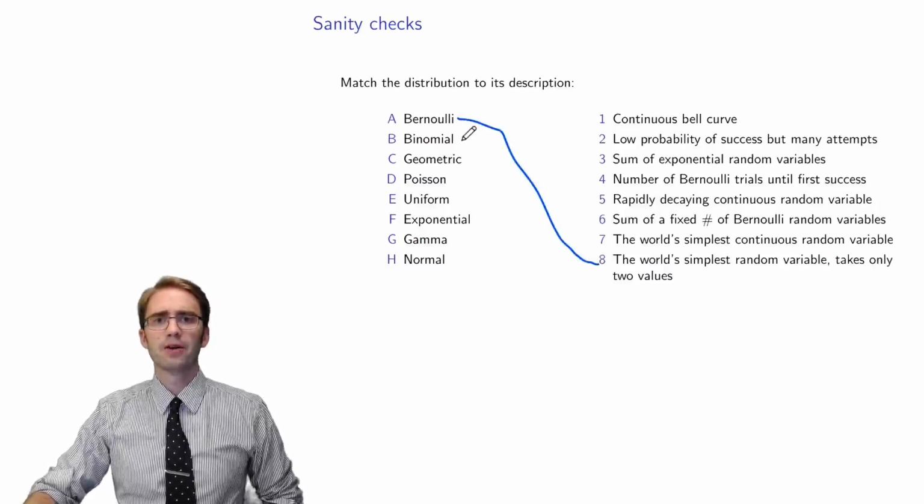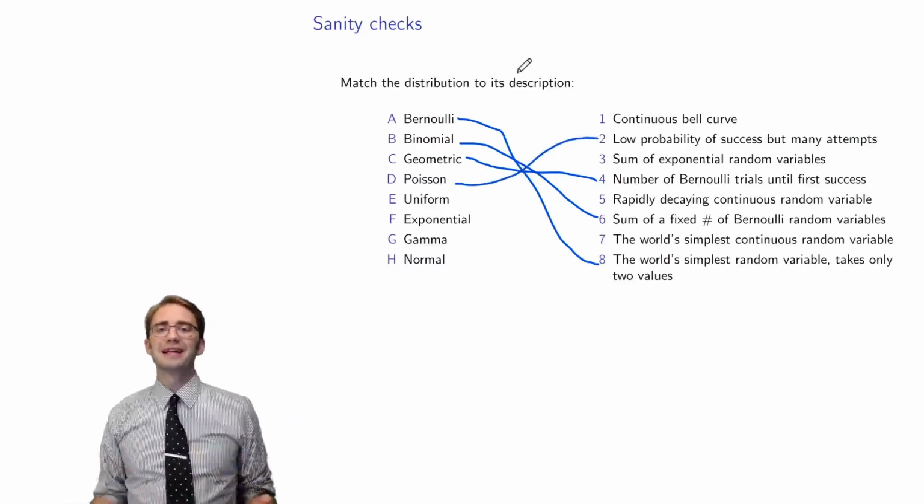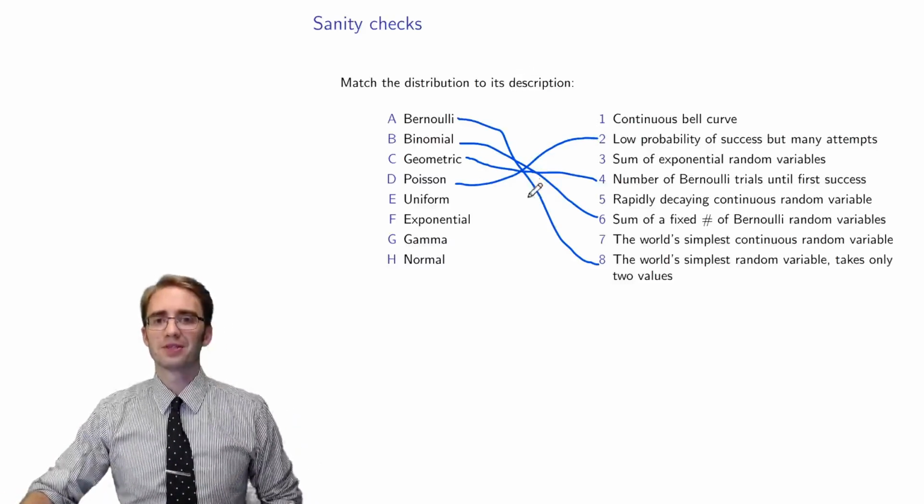The binomial distribution is the sum of a fixed number of Bernoulli random variables. A geometric random variable is the number of Bernoulli trials until your first success. A Poisson random variable involves a low probability of success but many attempts. If you remember, we defined the Poisson random variable as a limiting case of a binomial distribution.